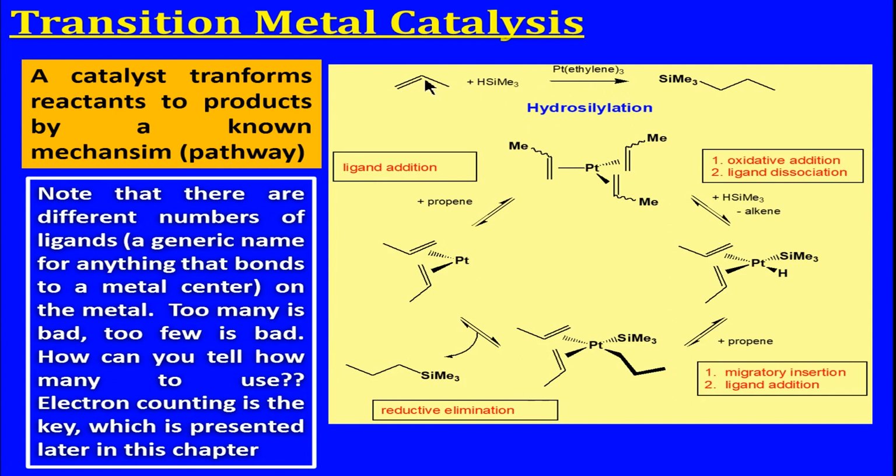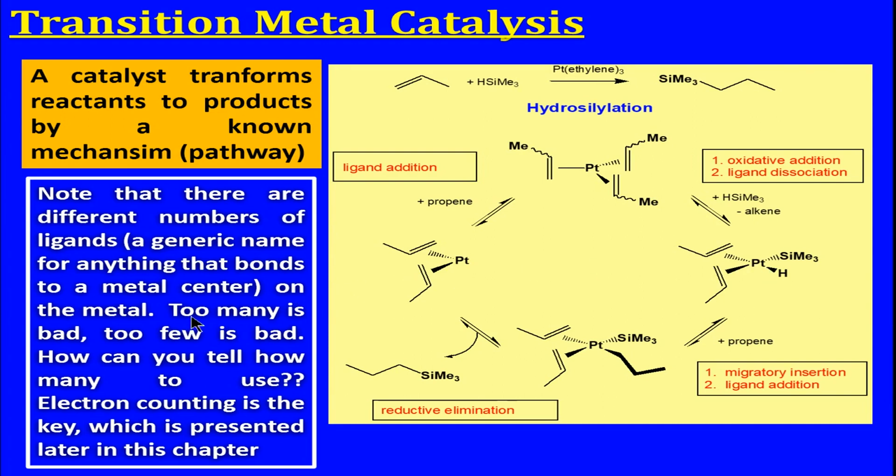So the transformation is the breaking of the double bond, and addition of hydrogen on one side and Si-methyl-3 on the other side. These two ligands in the mechanism are added to the catalyst used.